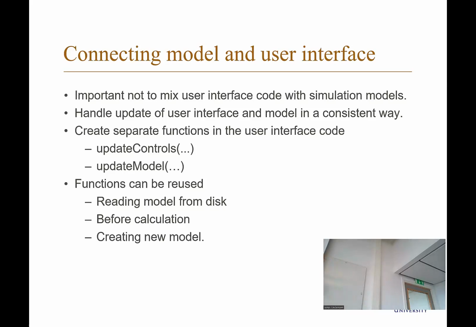So I have update controls for taking my data from my model and filling the controls with data. And then when the user clicks OK or run or anything, I go to update model. That will convert the things in the user interface into values in the model again. So I have a 2-way communication. I collect everything going to the controls in one method, and everything coming from the controls in another method.